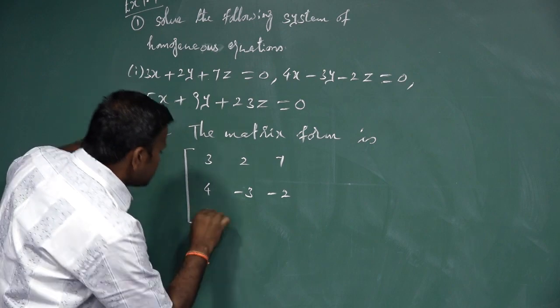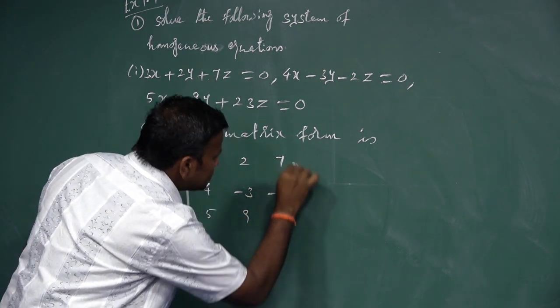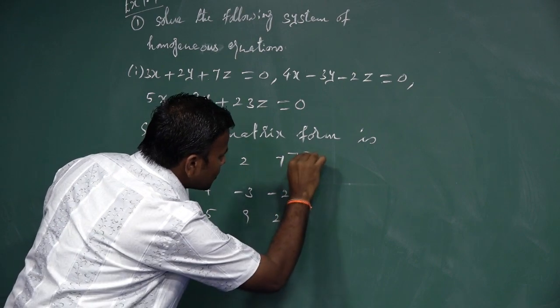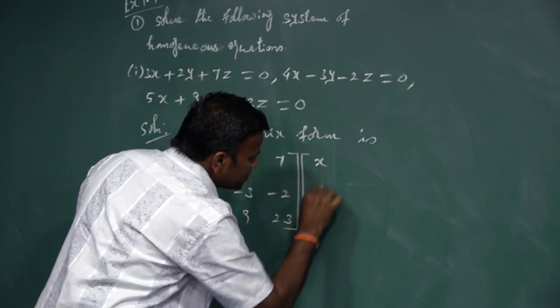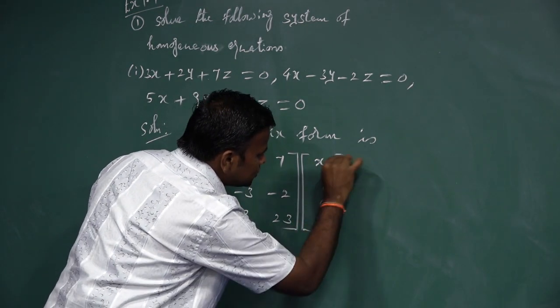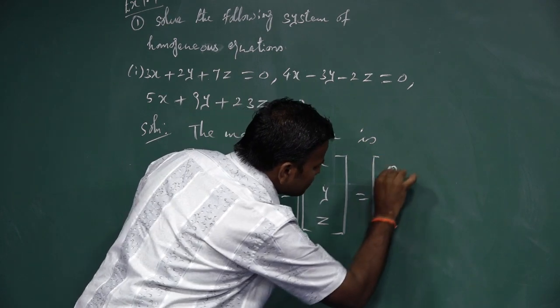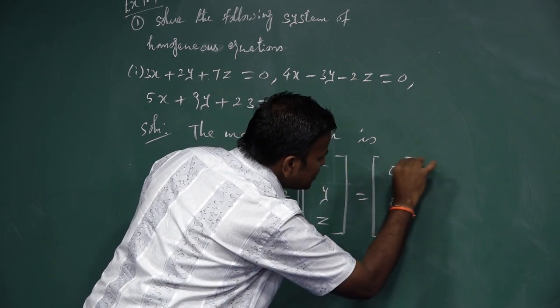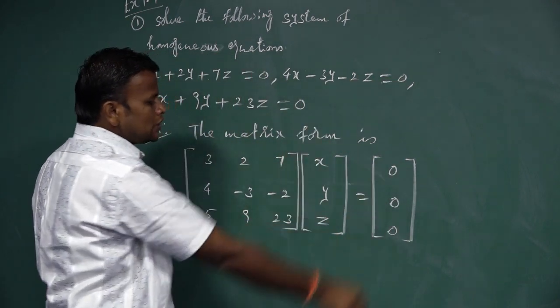Third equation: 5, 9, 23. The second matrix is x, y, z. In the RHS matrix, all values are 0. You see, the RHS of all 3 equations are 0.